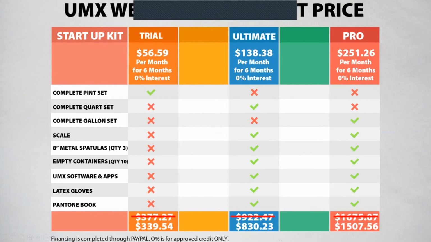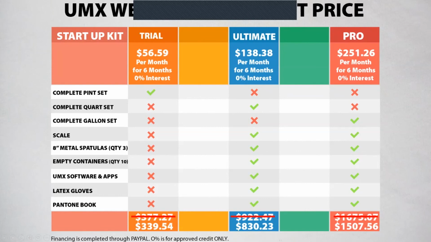And the gallon set, normally $1675.07, is on sale for $1507.56. With the quart and the gallon sets, it comes with scales, spatulas, empty containers, gloves, Pantone book, everything literally that you need to get started.